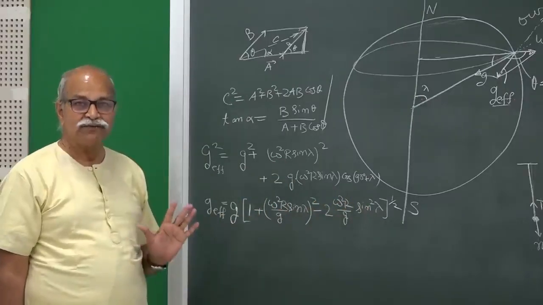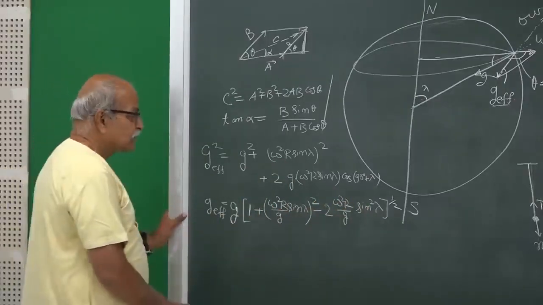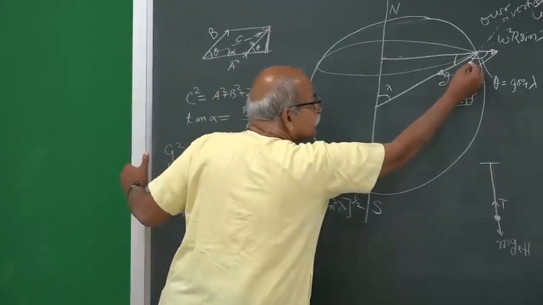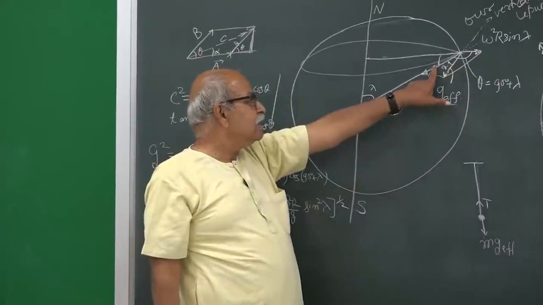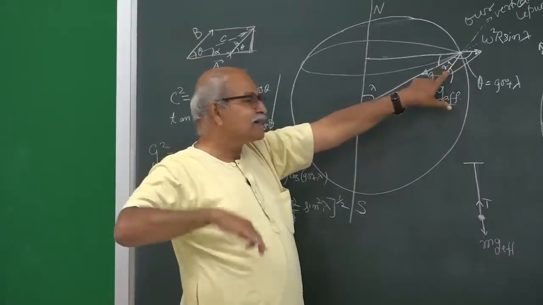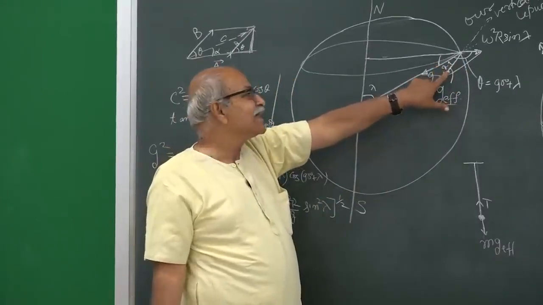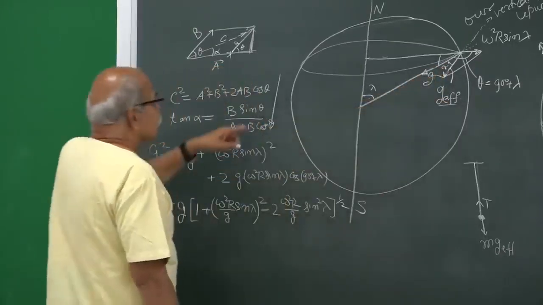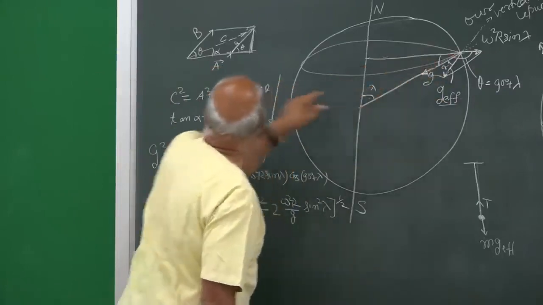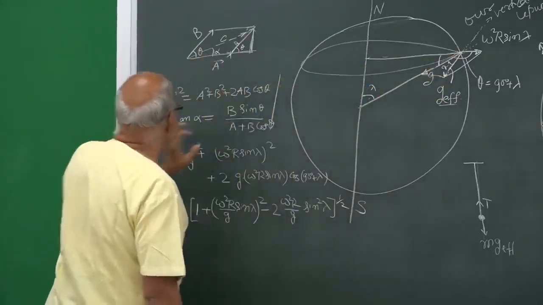So, this is the magnitude, and the direction: how much is this angle alpha from the true vertical, how much is our vertical deviated. So, that angle is alpha. So, tan alpha is, it is from the G. So, if it is from A, then this formula is used.